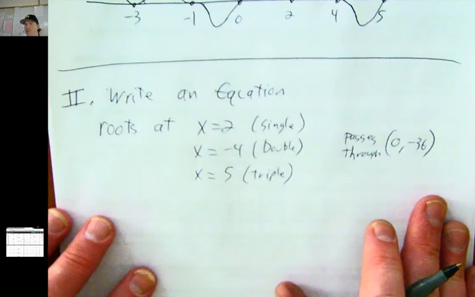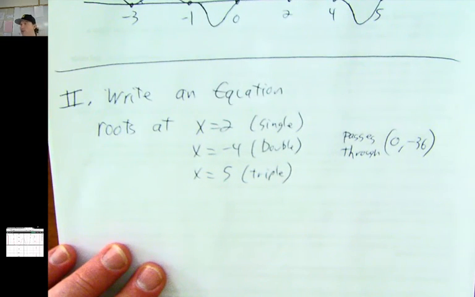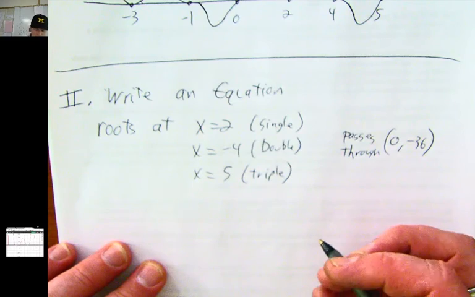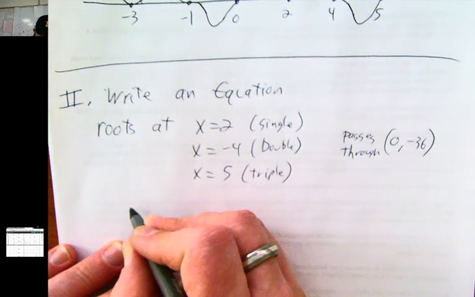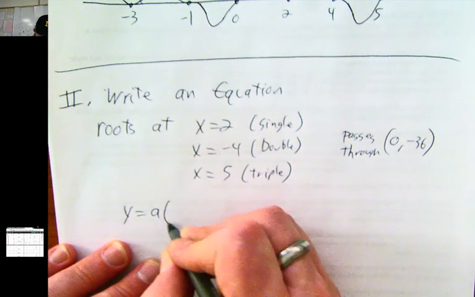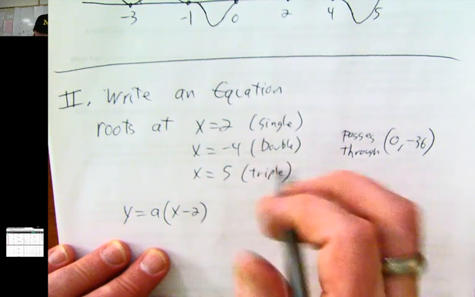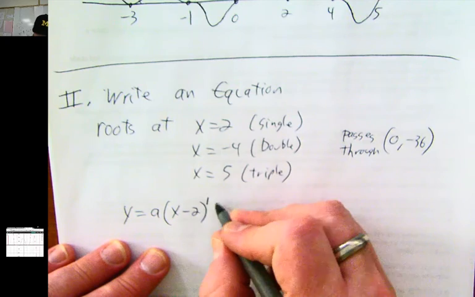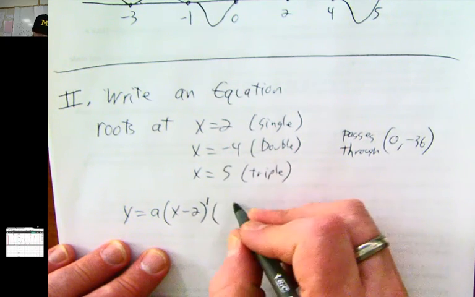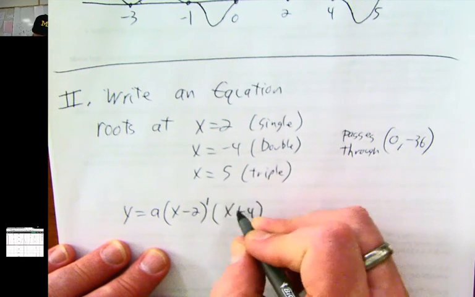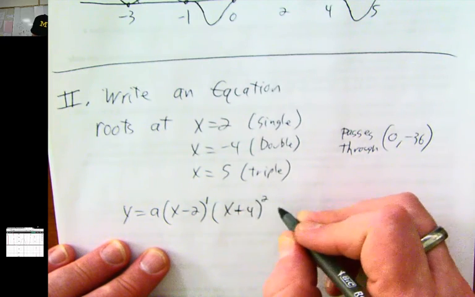So this problem works just like these problems worked when we're doing this for quadratics or for cubics. You start off with y equals a times, because there's a root at 2, it's (x minus 2). It's a single, so it's to the 1st power. There's one at -4, so it's (x plus 4). It's a double, so I'd put it to the 2nd power.